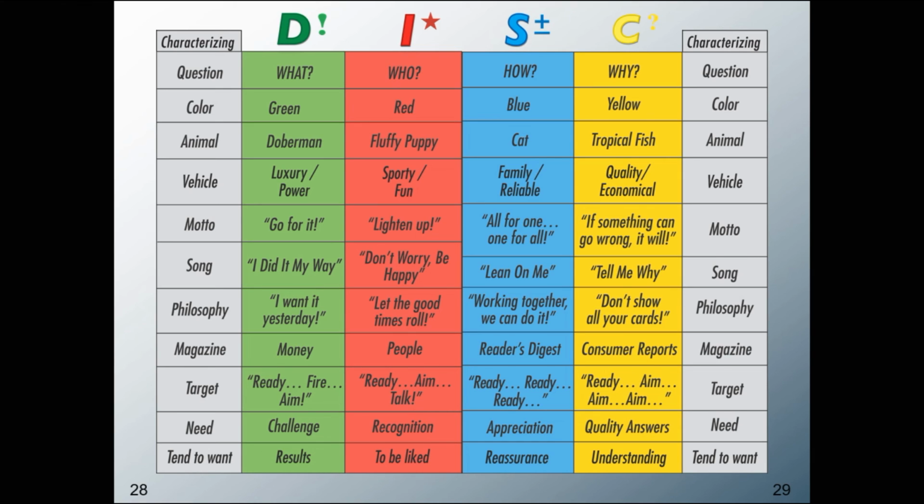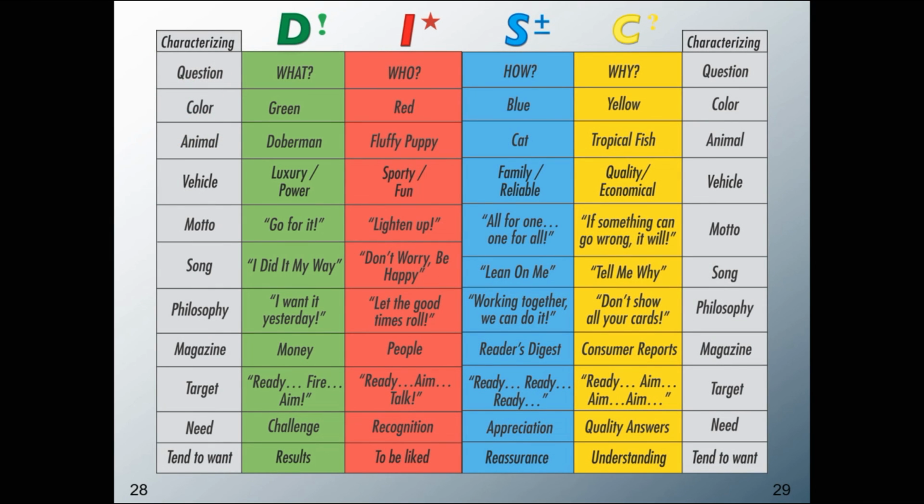where I'm going to talk to you about how, as a C-type personality, I work with a D-type, with an I-type, with an S-type. Because obviously we think differently, we don't have the same needs, and their needs are not mine, so I cannot oblige them to have mine.